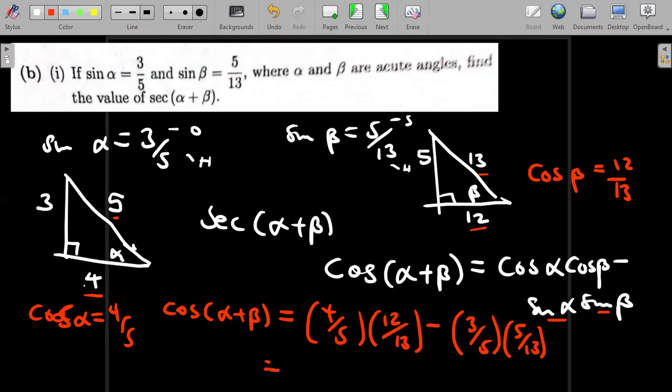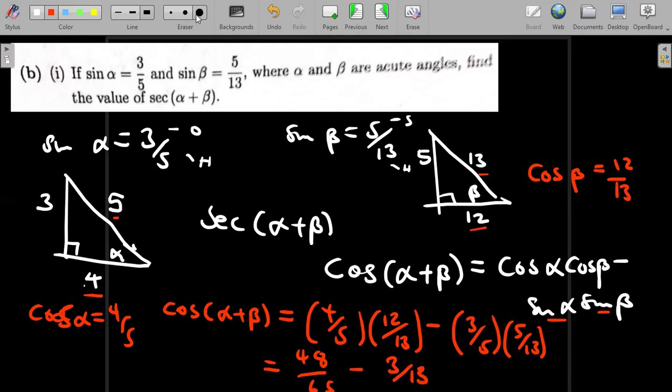Then you can solve this. When we multiply the first part, we get 48 over 65, minus this other side, we get 3 over 13.